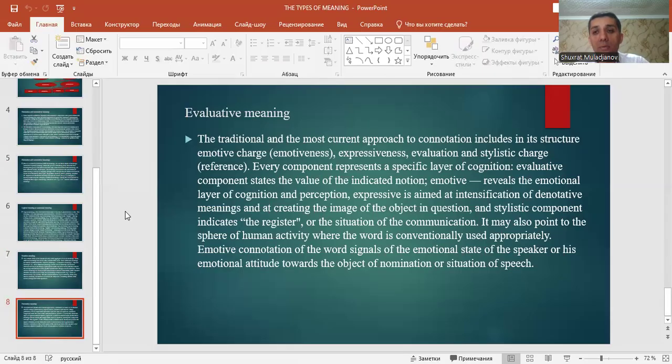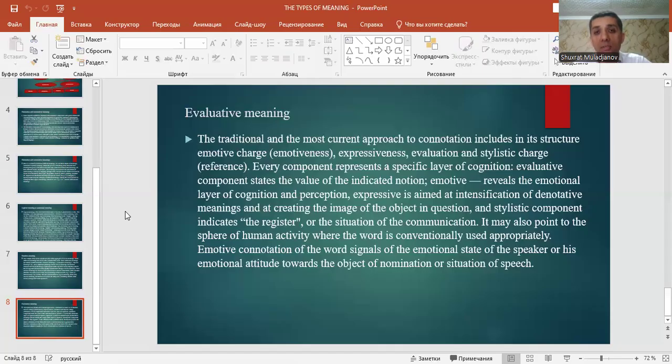Hyperbole, personification, onomatopoeia, rhyme, and such phonetic and lexical stylistic devices and expressive means, and repetition of words from the syntactical stylistic devices, can be examples of this kind of evaluative meaning.